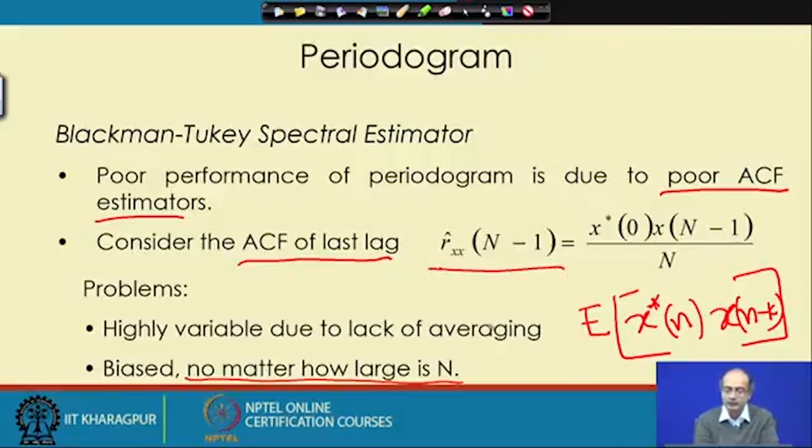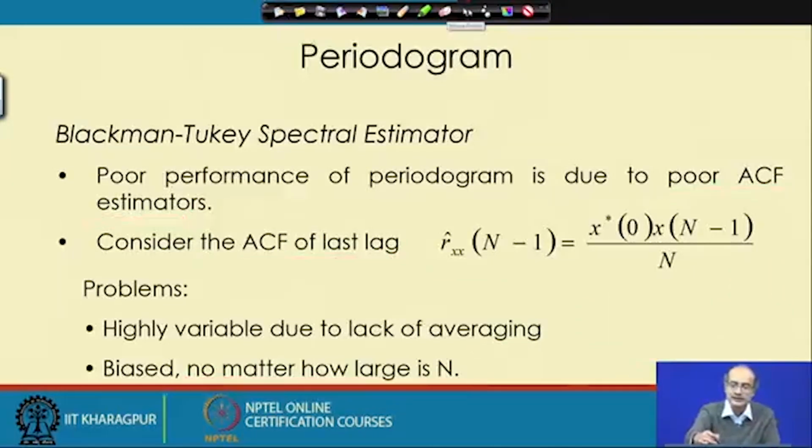If N was 10 initially, we would get the maximum variance at the 10th lag. If N becomes 100, we will get that at the 100th lag. Qualitatively there is no betterment for the last lag, and in this setup we cannot make any change.